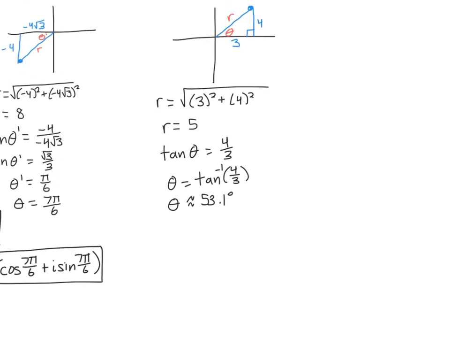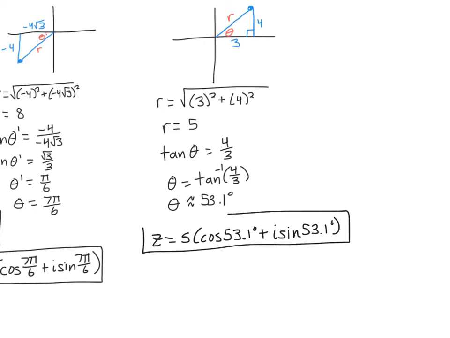So here we can say z equals r, which is 5, times the cosine of 53.1 degrees, plus i times the sine of 53.1 degrees. And there you have it.